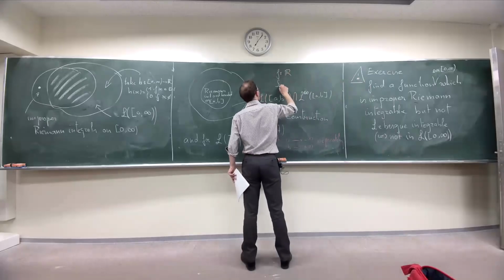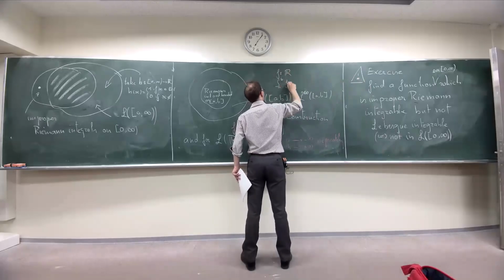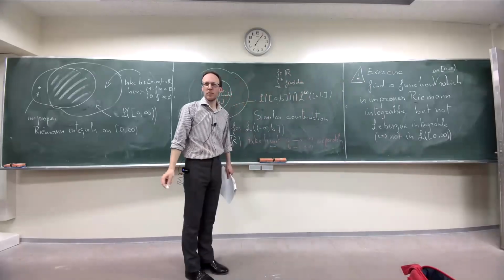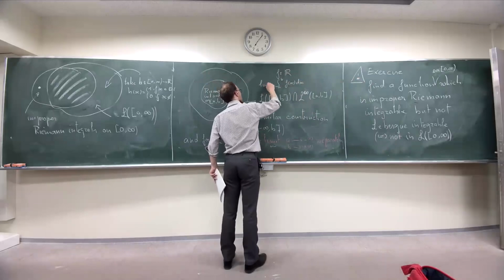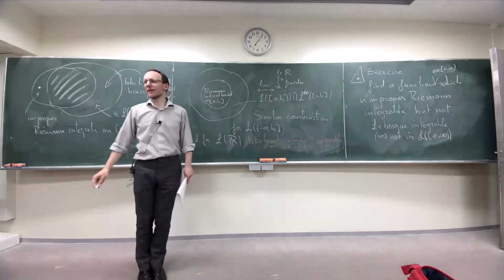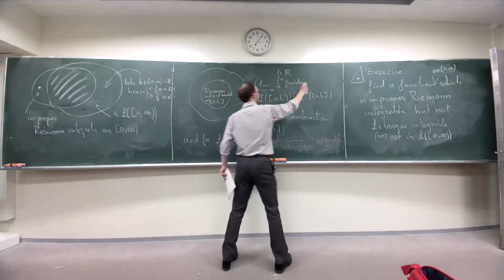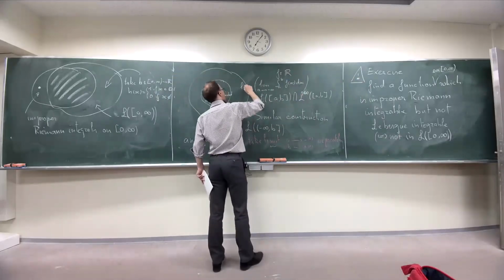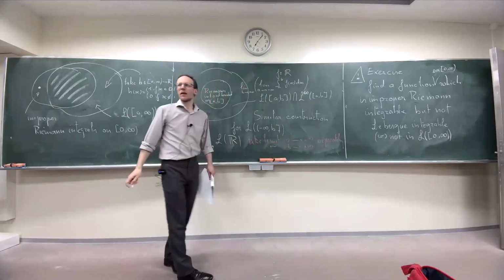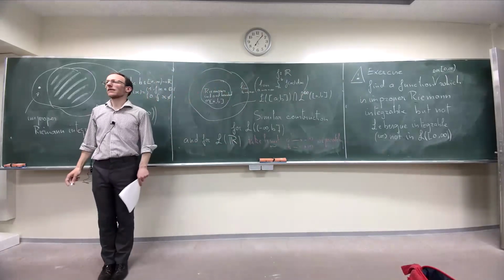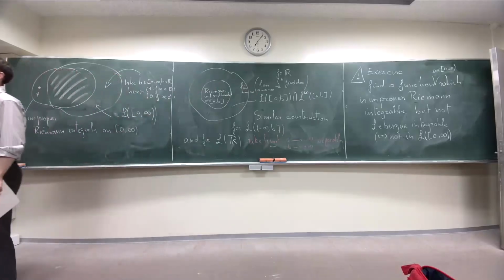Then you integrate from A to B, f of x dx. So you need to assume that this is finite. Then you take the limit when A goes to minus infinity. Assume that this is finite. And if it is finite, take the limit when B goes to plus infinity. And if this is finite, then you say that it's Lebesgue integrable on the entire line.